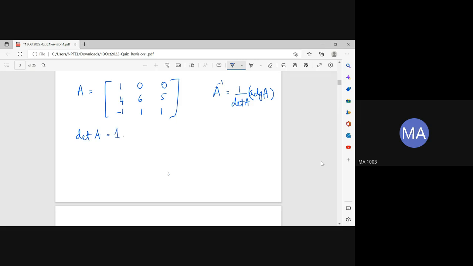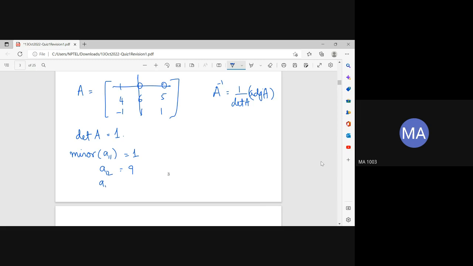What is the minor of A11? You will eliminate that row and that column. So 6 minus 5, 1. A12? It's 9, since 4 plus 5 is 9.